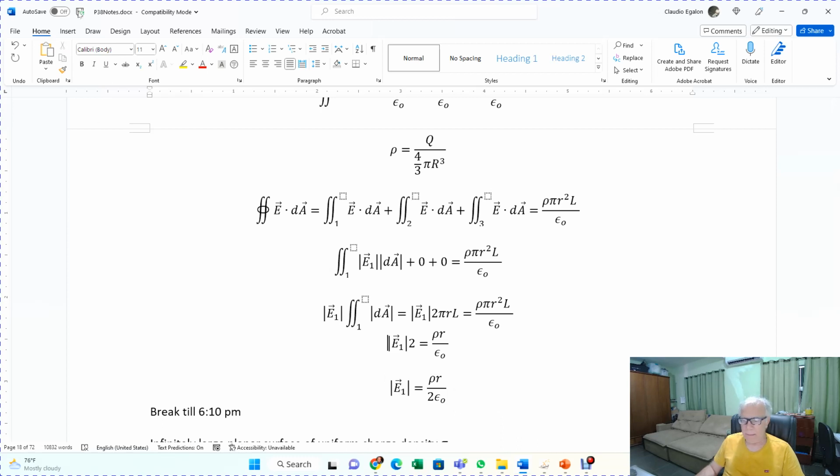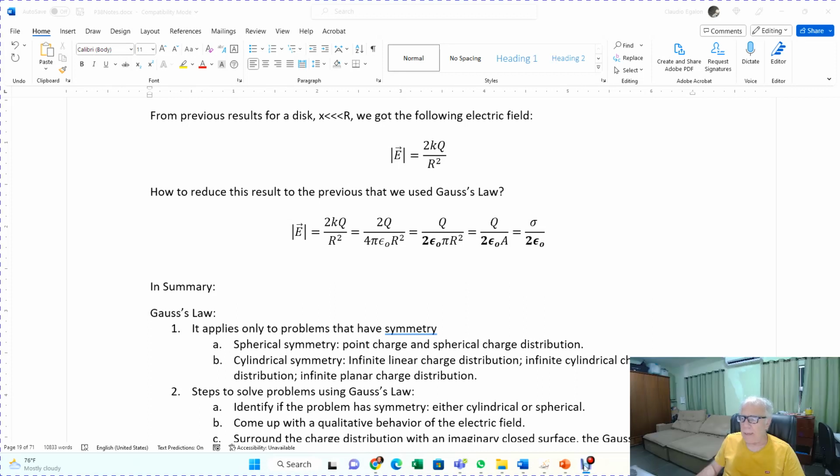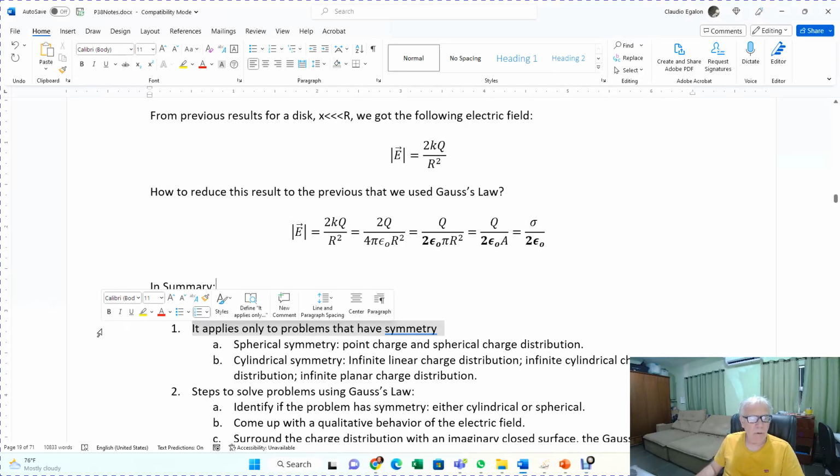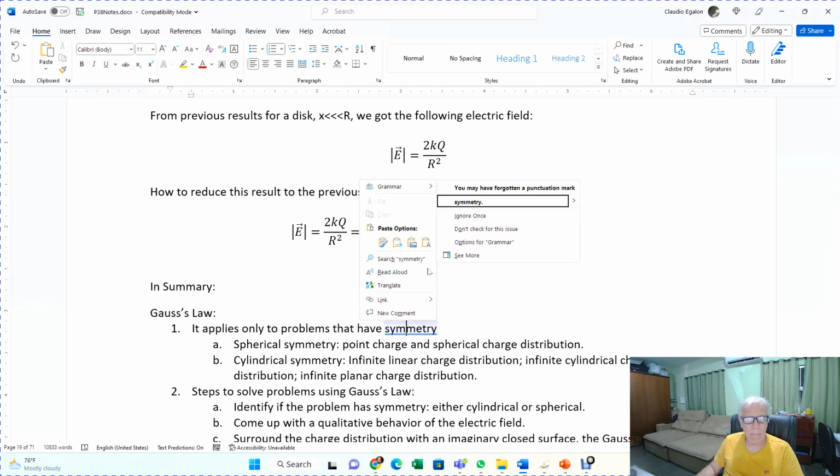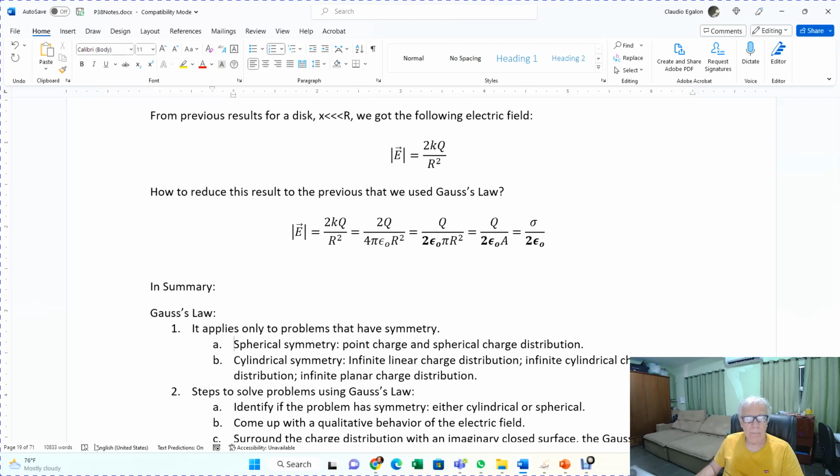And in summary, Gauss's law applies only to problems that have symmetry. We look at problems that have a spherical symmetry, such as the point charge distribution and the spherical charge distributions.